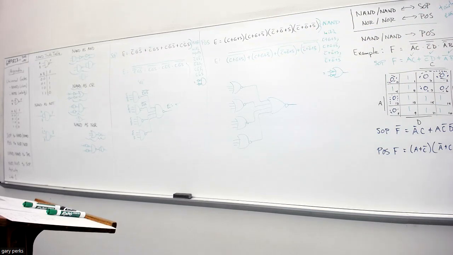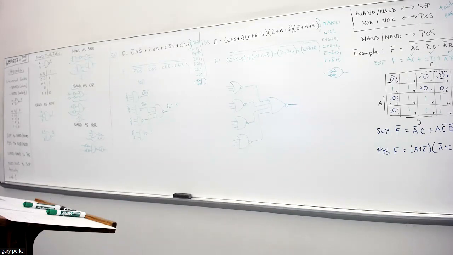Okay. All right. Well, very similarly, to go from NOR to SOP also involves a change. So let's do this example. So you see, we're starting with the NOR, right? Because this is a NOR here, this is a NOR, then these two are OR and all NOTed. So, NOR. Okay, so to go from NOR to POS, we just take each term and AND it with the other term here.